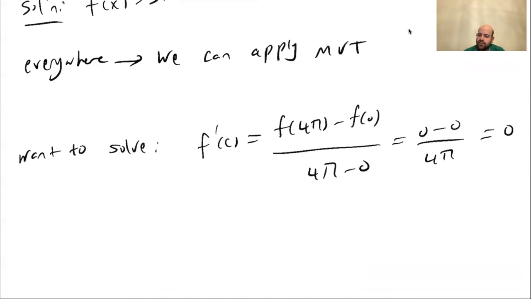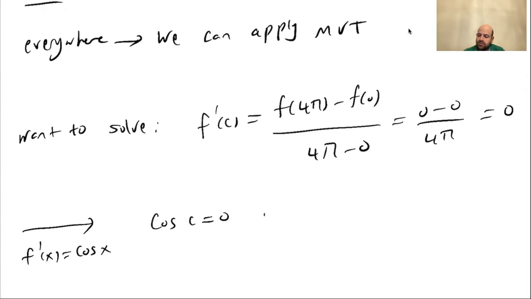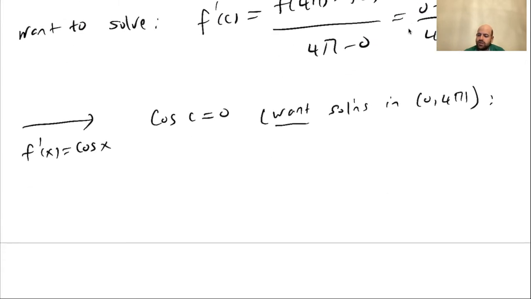And what is f prime of c? Well, f prime of x, the derivative of sine x, is cos x. So cos c equals 0. And we want the solutions in the interval 0 to 4 pi. What are the solutions for cos c equals 0 in the interval 0 to 4 pi?